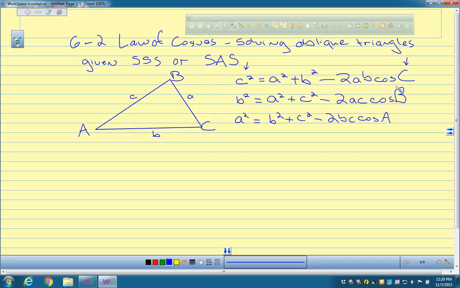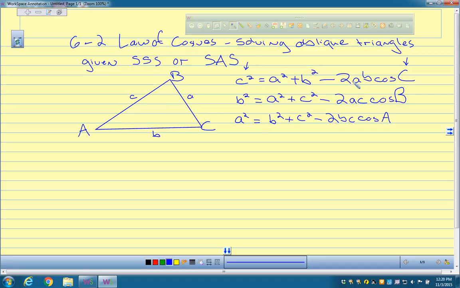So think about this. What's the cosine of 90 degrees? 0, right? So if I were to plug in 90 degrees for angle C, what would I have here? You just have c squared equals a squared plus b squared, which is the Pythagorean theorem, right?